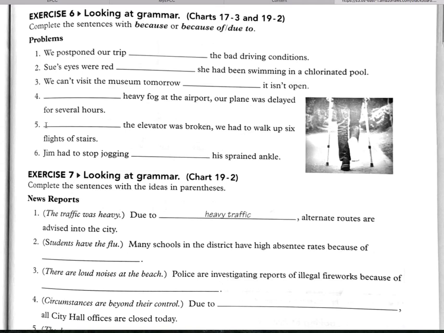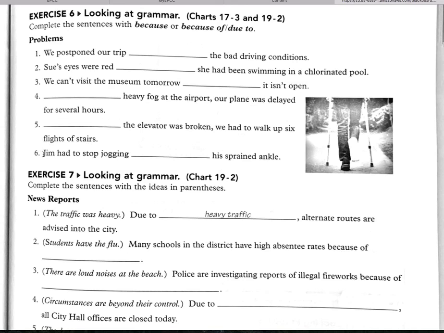Number 5. Blank, the elevator was broken. We had to walk up 6 flights of stairs. So here's my subject, the elevator. And then we have a passive verb, the verb be in the past participle. So you're going to say, because the elevator was broken, we had to walk up 6 flights of stairs.